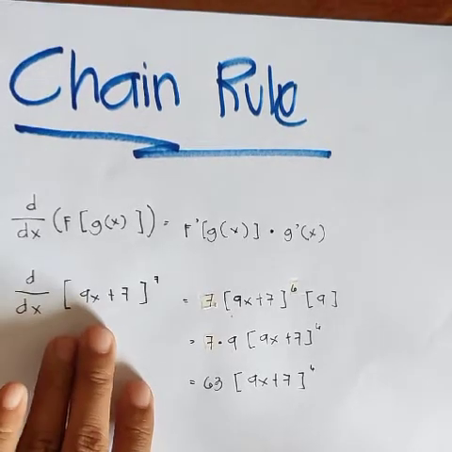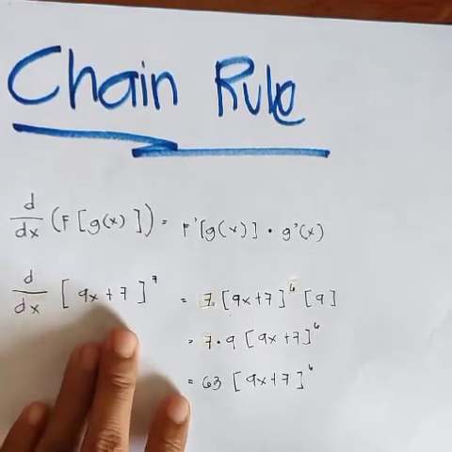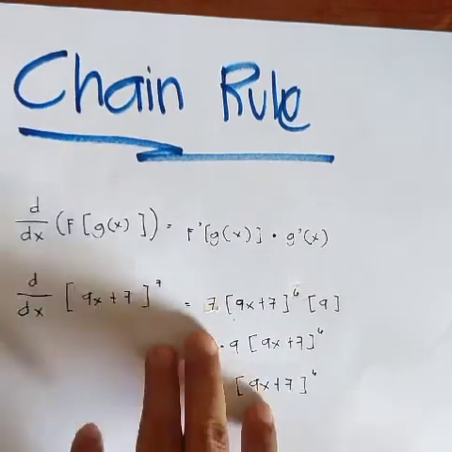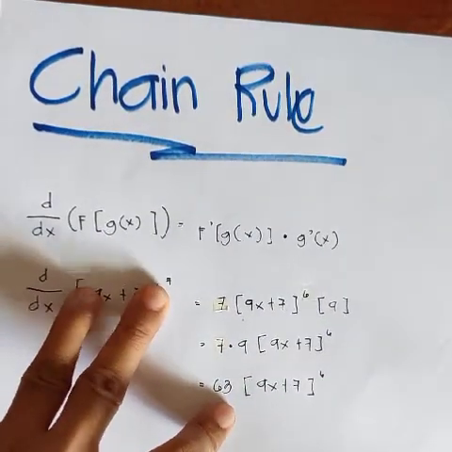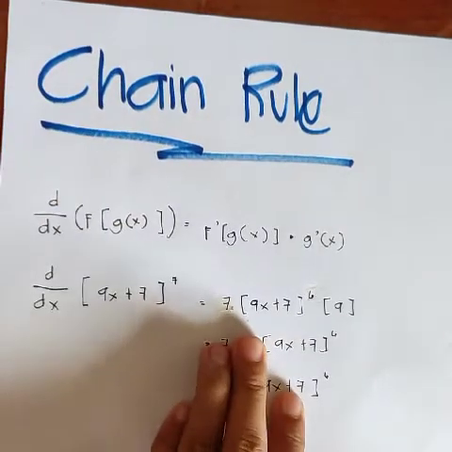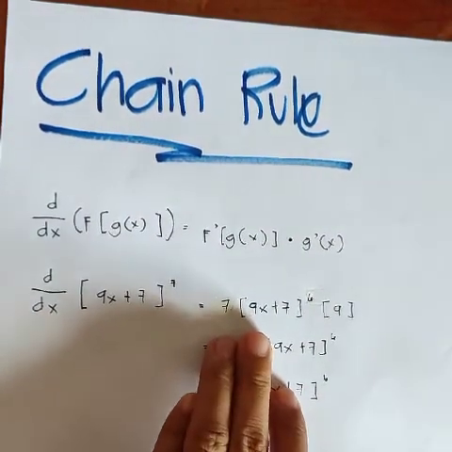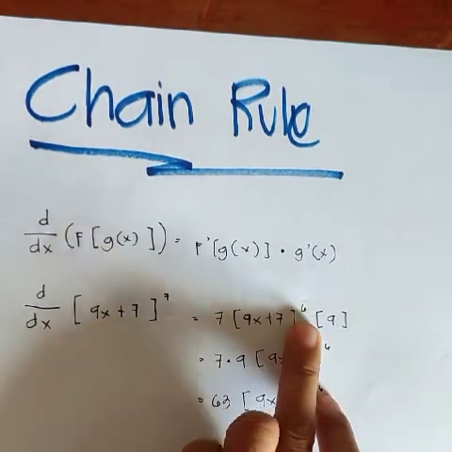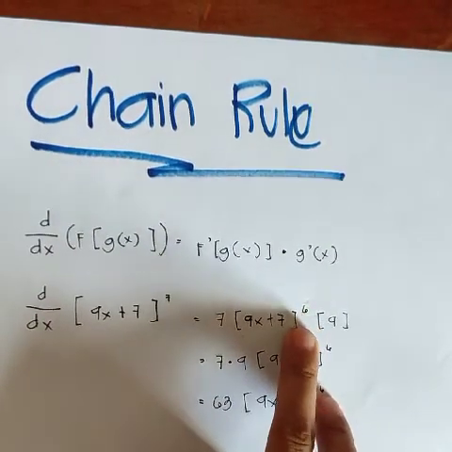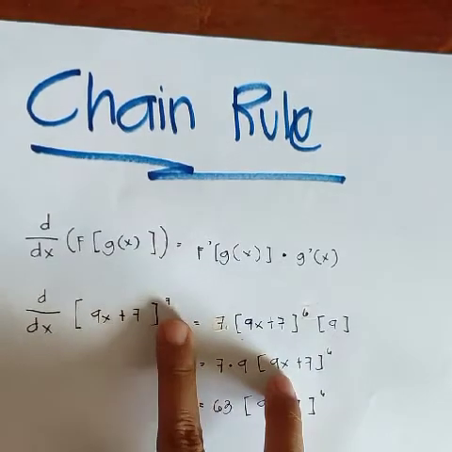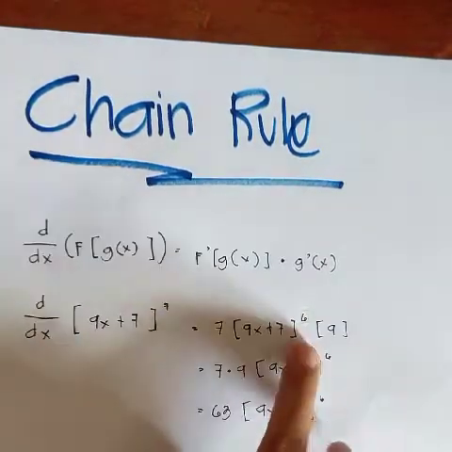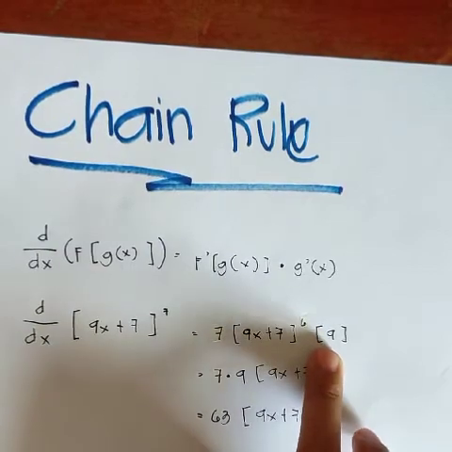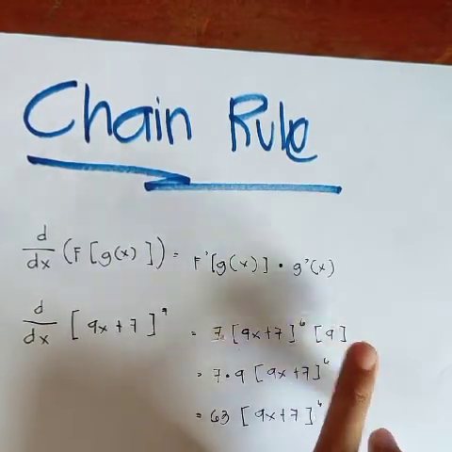Derivative of (9x plus 7) raised to the power of 7 is equal to 7, which is coming from this power, and copy the 9x plus 7, and then this 6 is coming from 7 minus 1, and then the inside derivative.